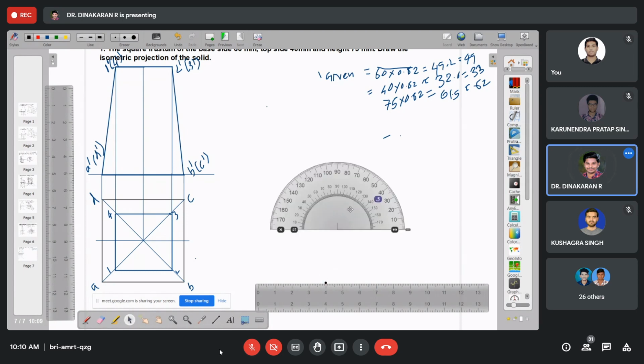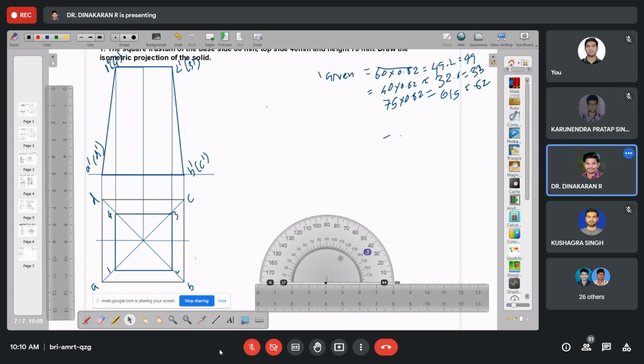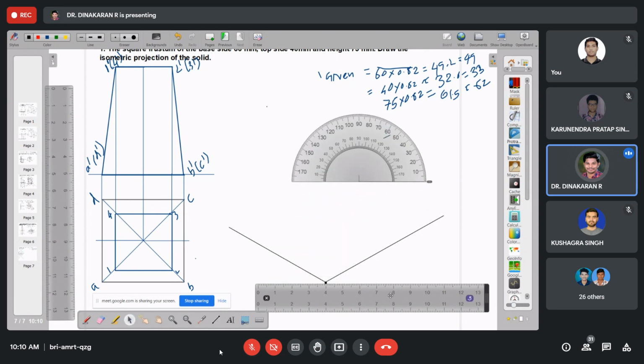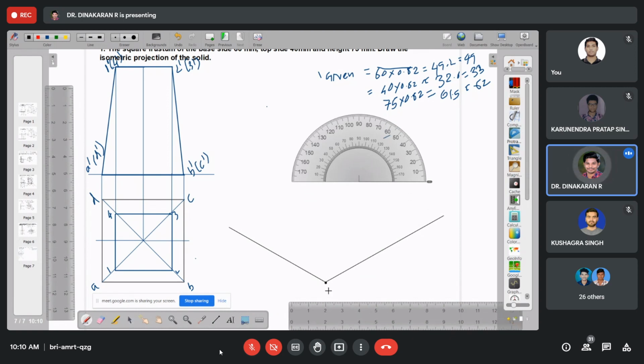On that point place a protractor. What angle did I tell? I told 30 degrees. Draw a 30-degree line in both directions, since we do not know how much dimension will come. I will make this point A.